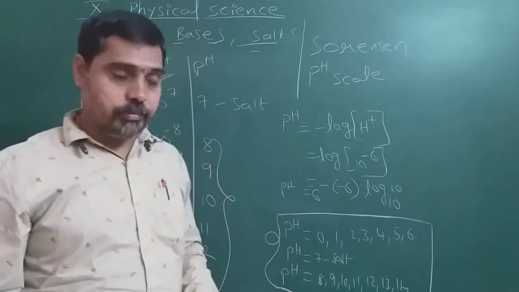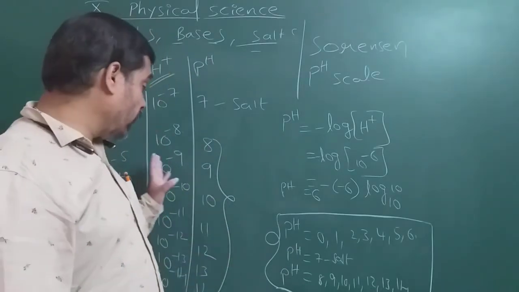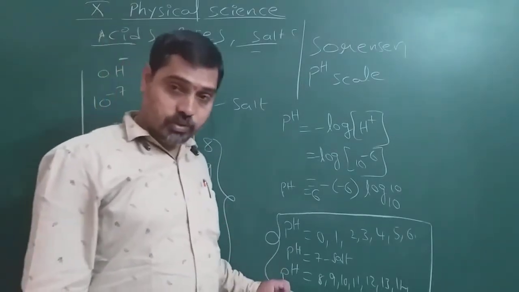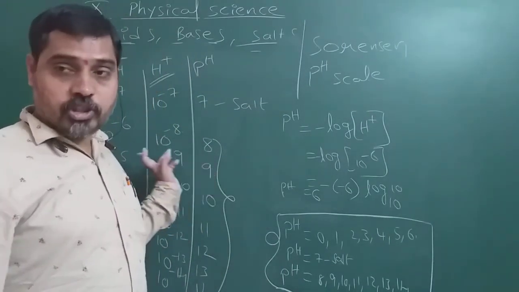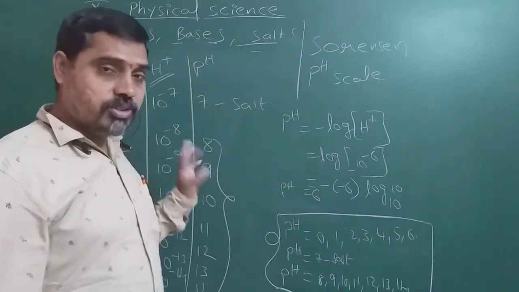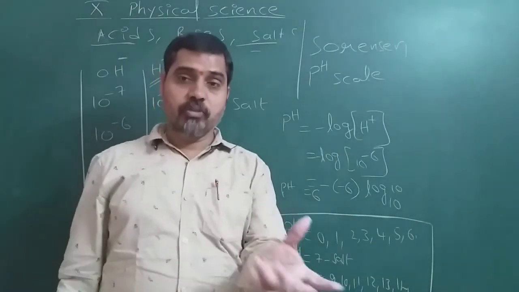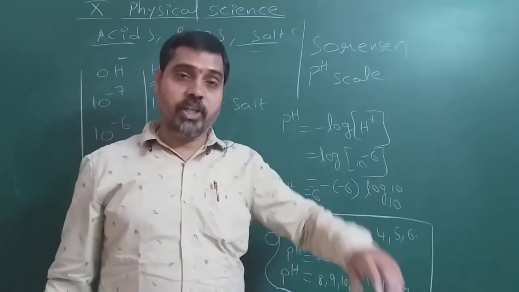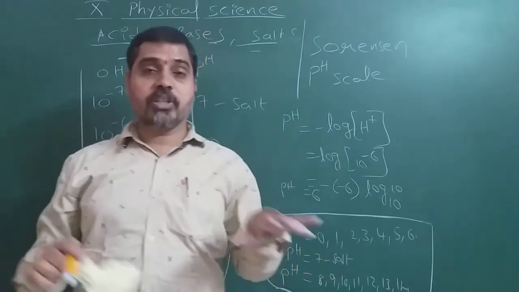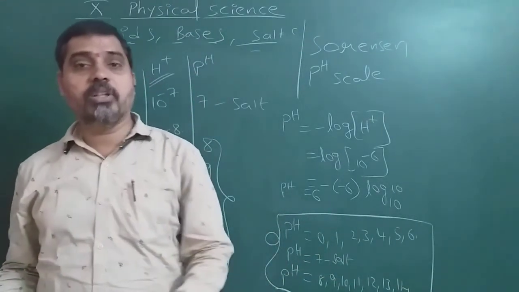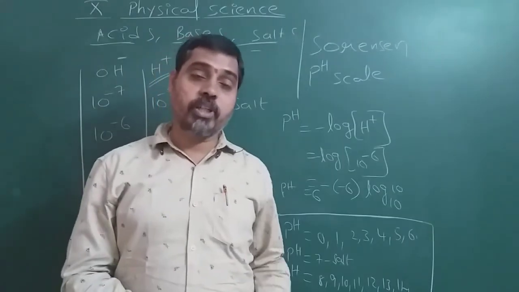Now the question comes, how to find these pH values? They never mention the H plus ion and OH minus ion values. They just give the solution, and we have to find out its pH value. Without knowing the H plus ion and OH minus ion concentration, how do we find the pH value?